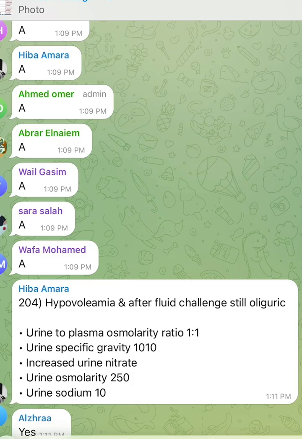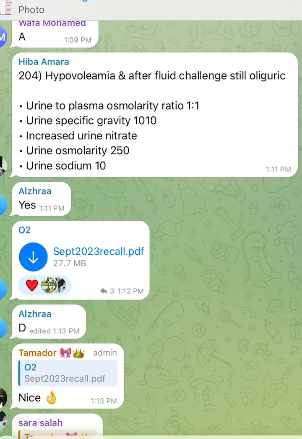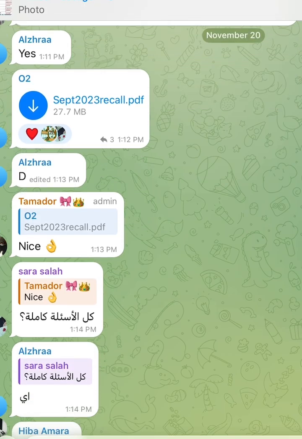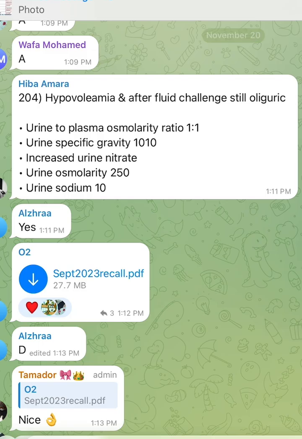Hypovolemia and after fluid challenge, still oliguric. Fluid challenge, oliguric means urine to plasma, urine specific gravity, increase urine osmolality. Urine osmolality is 250. Still oliguric.